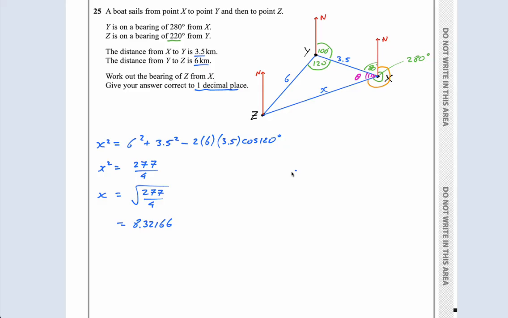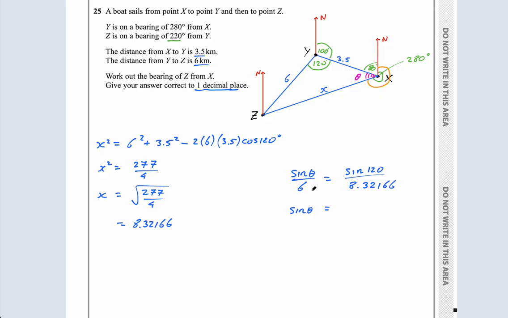So sine of theta over 6 equals sine 120 over x, and actually, sorry guys, instead of x, I'll put 8.32166.